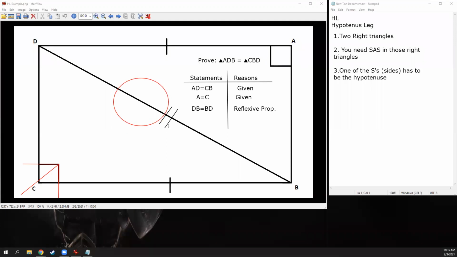This is the hypotenuse. This side, DB or BD. If I did the same thing in the other triangle, you would see it's exactly the same. The right angle is an arrow that points to the hypotenuse right here. So anytime you need to find the hypotenuse of a right triangle, you just follow basically the point of the right angle, the box, straight across to the first line you run into. That's the hypotenuse.